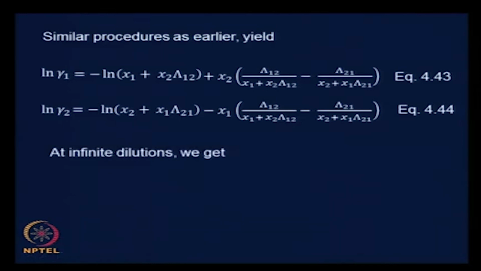At infinite dilutions, we will get ln gamma 1 infinity, with x1 tending to 1 and x2 tending to 0.